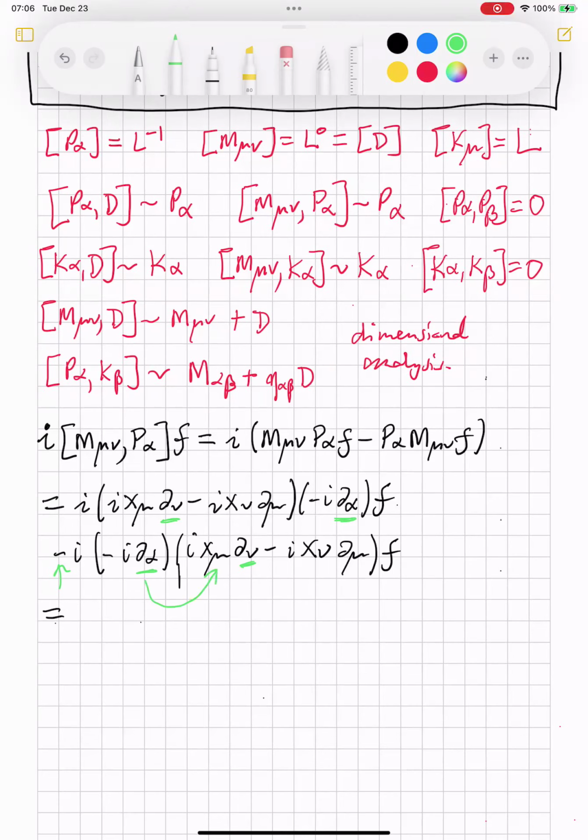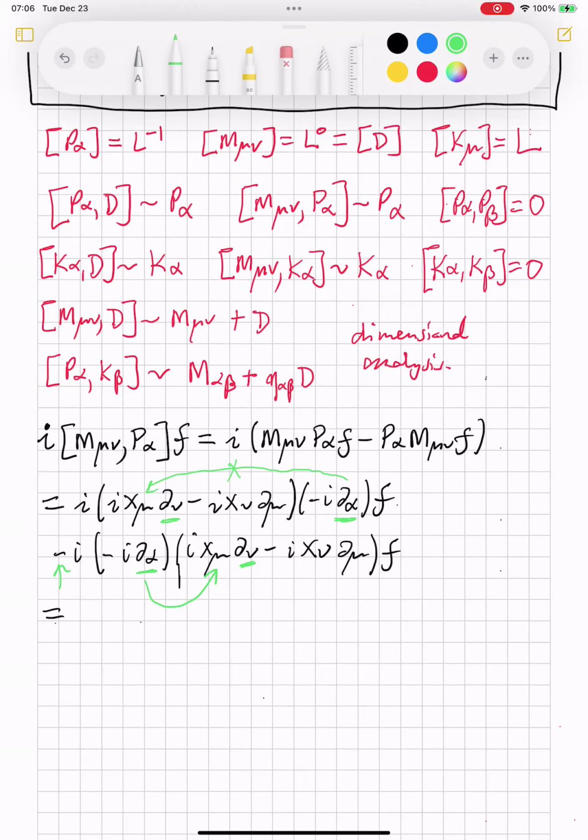See here, d alpha cannot hit that x mu. So it's this second term, the d alpha hitting the x mu, that's where all of the commutator comes from. When the two derivatives act on f, they cancel from the first line and the second line. We don't even have to worry about them. So the contribution only comes from the d alpha hitting the x mu.